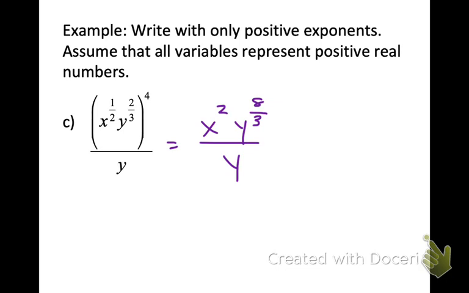Subtract. What's my exponent here? 1. So 8/3 minus 3/3 is 5/3. So I have x squared and y to the 5/3. All right.